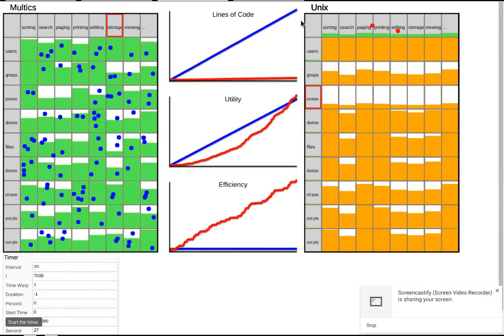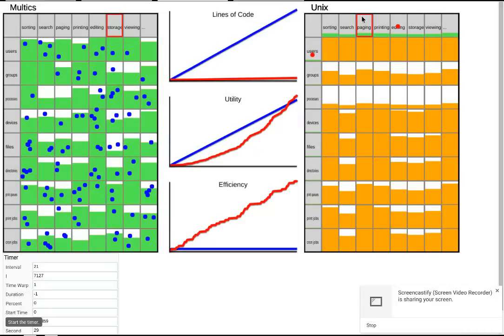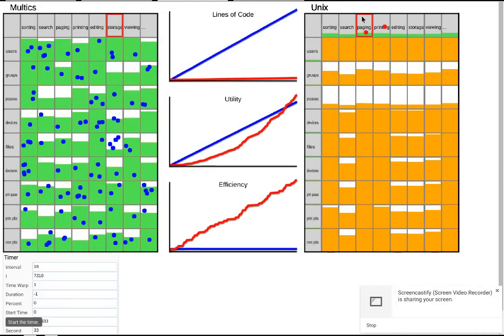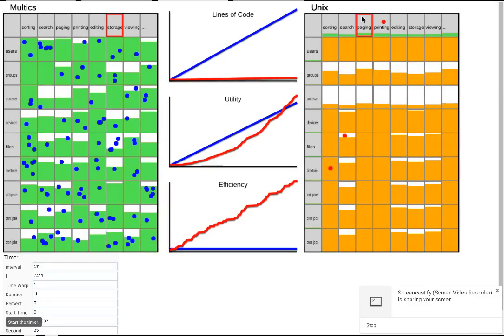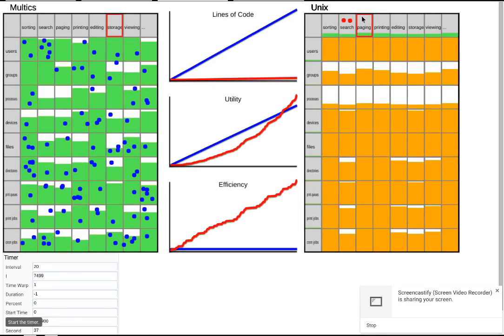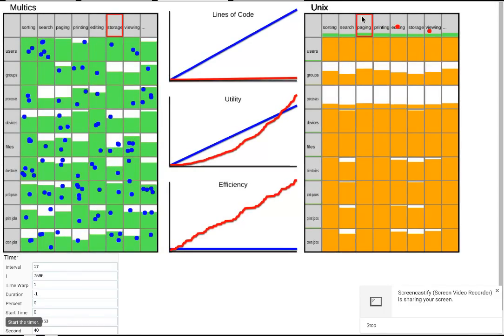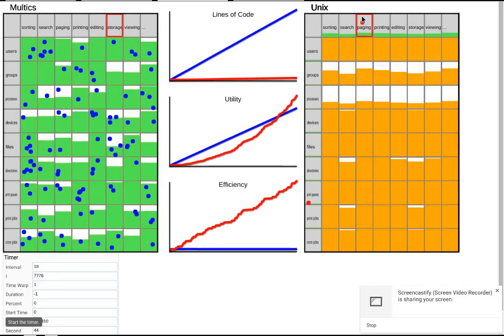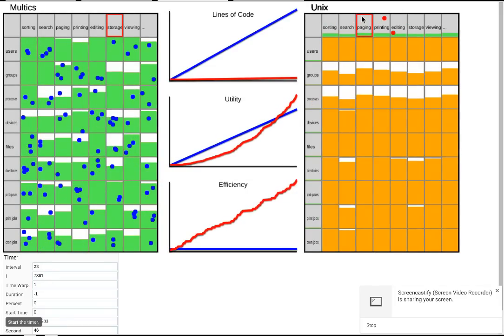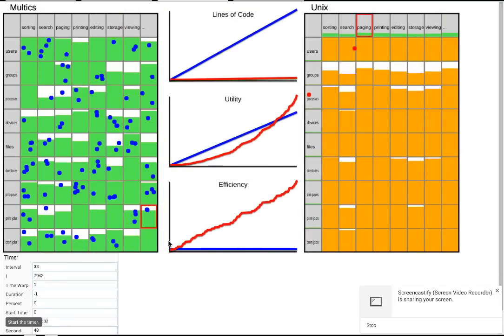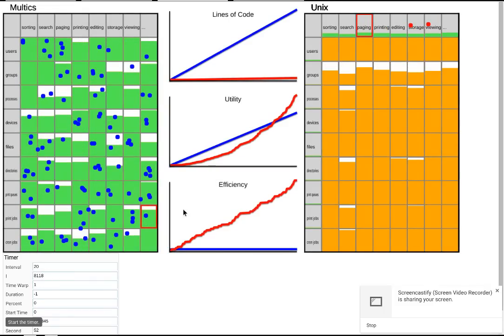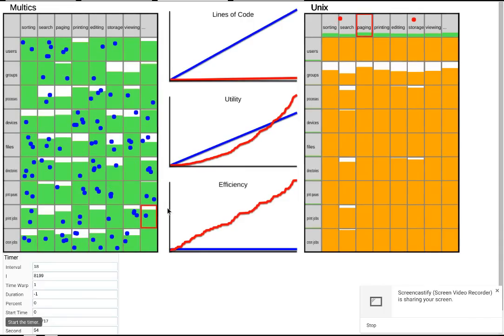Also, because you have much better reuse, it's much more efficient. So the PDP-7 that Unix was written on had 32 times less memory than the large Honeywell systems needed to run Multics. But another thing they did that was controversial at the time was they wrote Unix in a high-level language, for the time anyway, which was C, whereas it was thought that operating systems needed to be written in the low-level assembler of the target hardware to get the optimal performance.